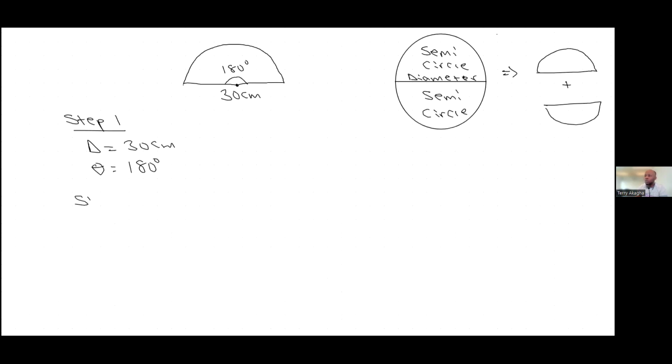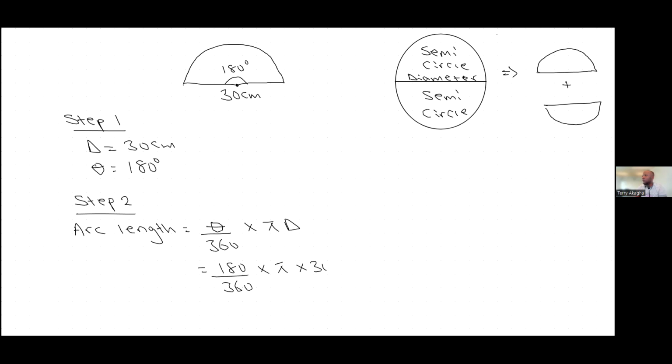All right, step 2. Now we can find the arc length. But because we're given the diameter, we can use the formula theta over 360 times pi d. So theta will be 180 divided by 360 times pi times the d, which is what? 30 centimeter.